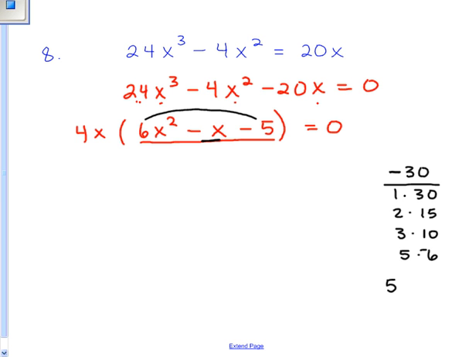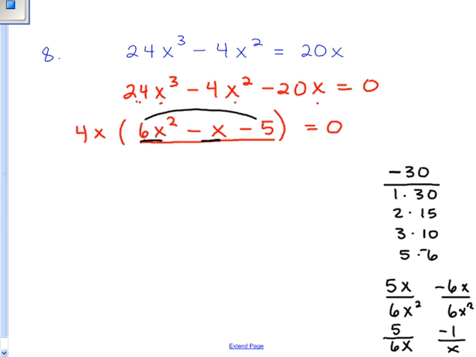So I would have positive 5x, negative 6x, divide by the first term, which is 6x squared, and reduce. So this will reduce to 5 over 6x. This will reduce to negative 1 over x.